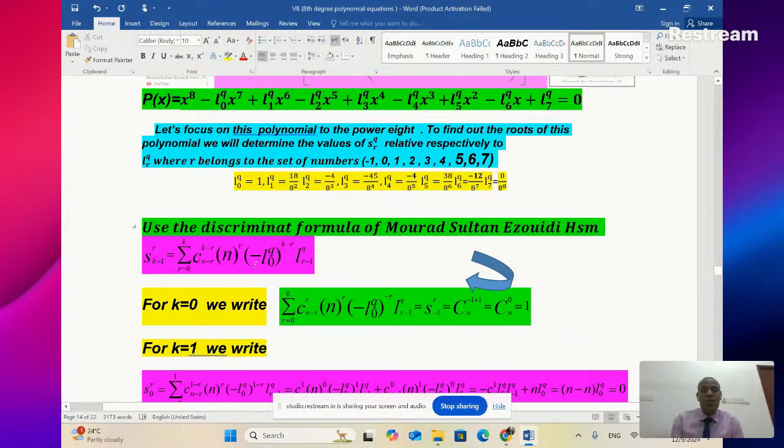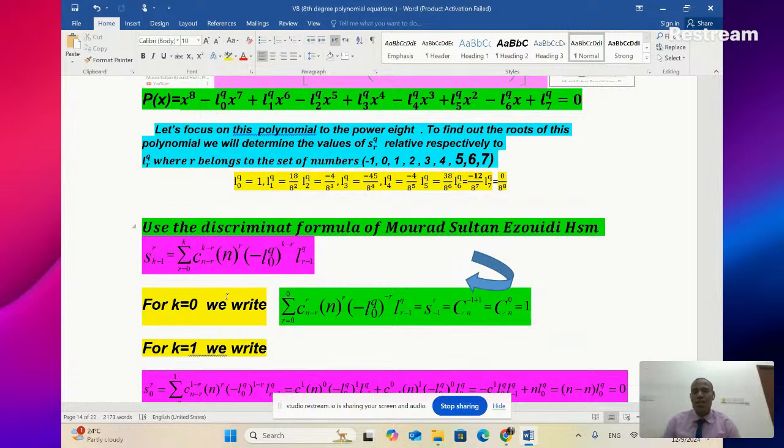Also, you can use this formula to find your 9th degree polynomial equation. Also, using this decimal formula of mine, you will get the coefficient of your 10th or 11th or 20th or 100th, let's say, degree polynomial equation corresponding to this 8th degree polynomial equation.